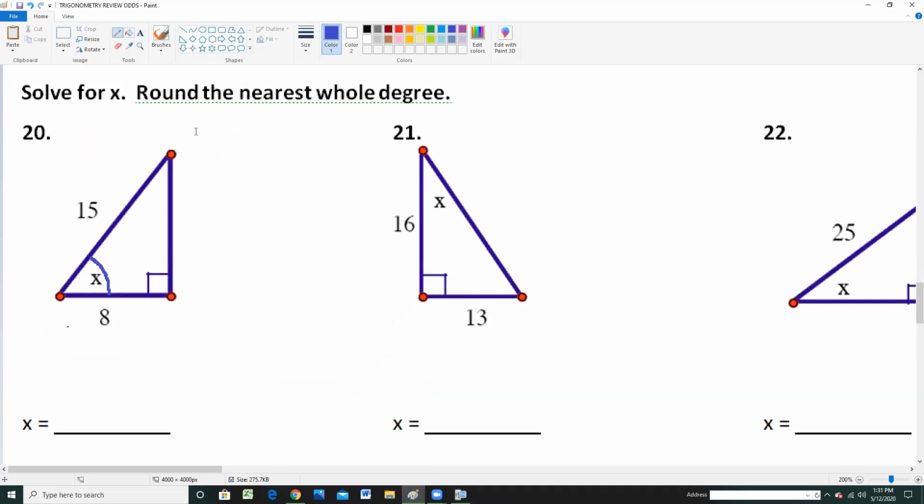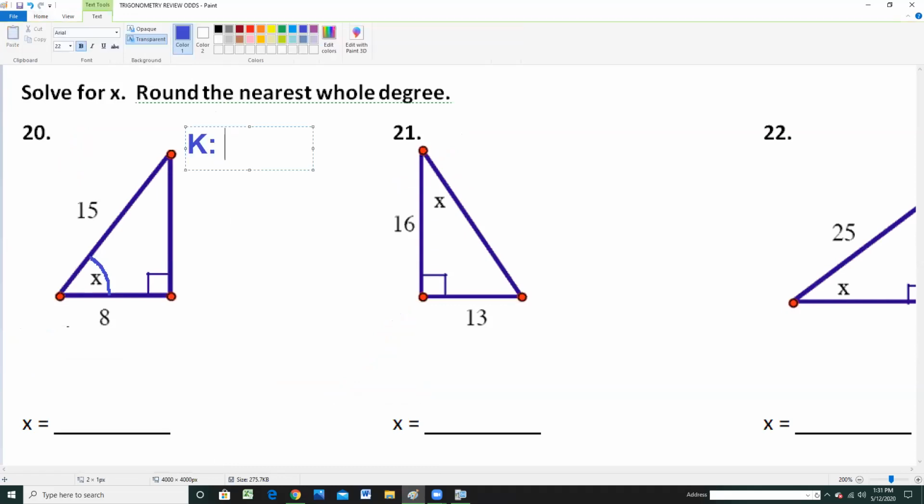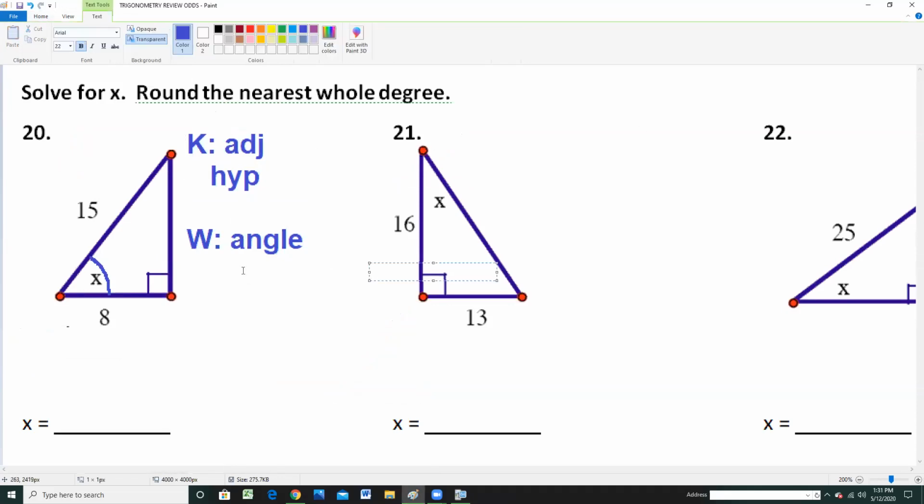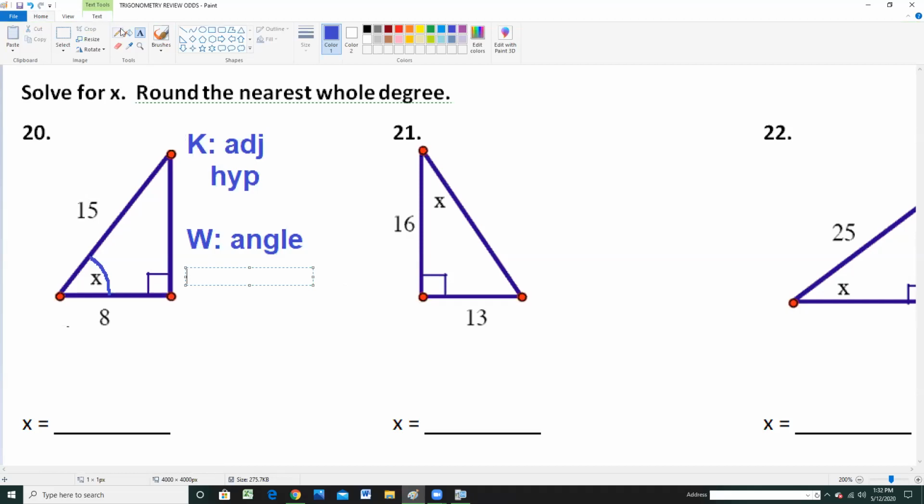this time around, the things that we know are the adjacent and the hypotenuse. But the thing that we want to know is the angle. Whenever the angle is the thing that's missing, we use the inverse operation.